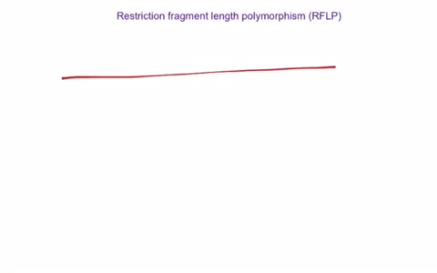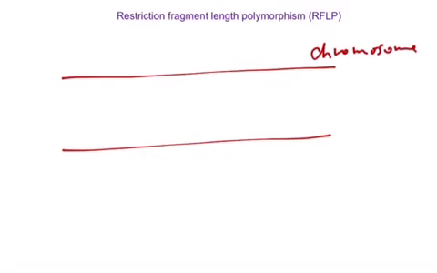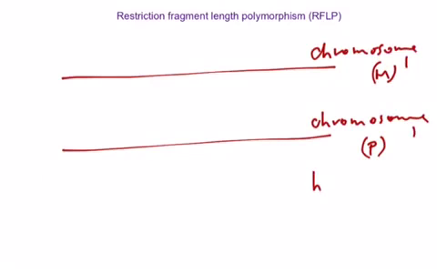So this might be chromosome number 1, and that might be the maternal chromosome, and this is chromosome number 1, the paternal chromosome. So these are homologous chromosomes.